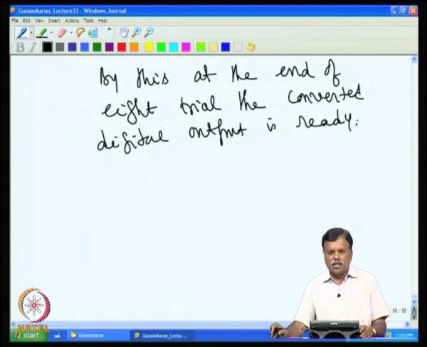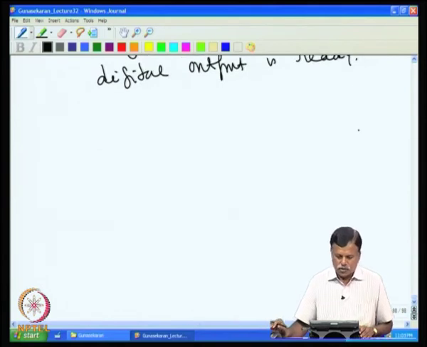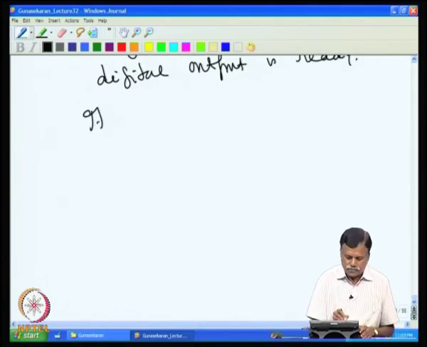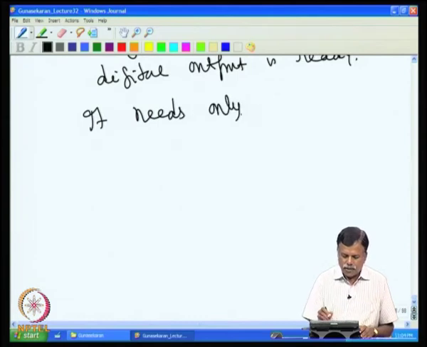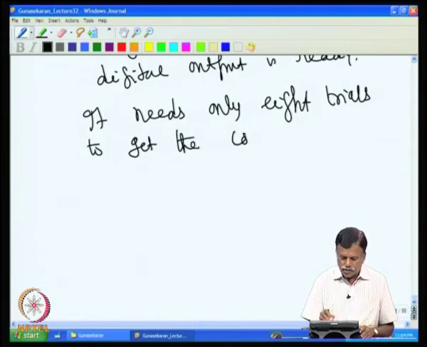So it took only 8 trials to complete the conversion. So it needs only 8 trials to get the conversion completed.